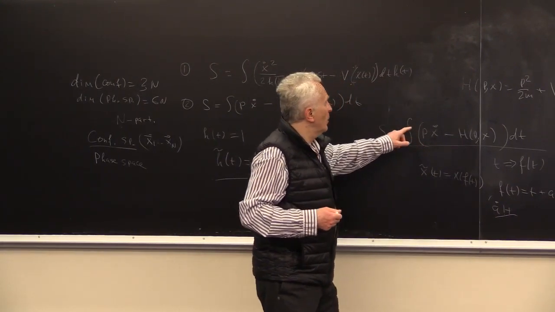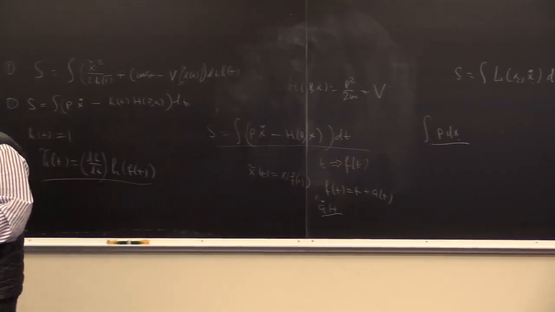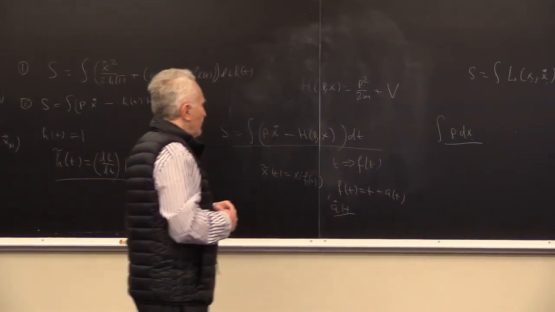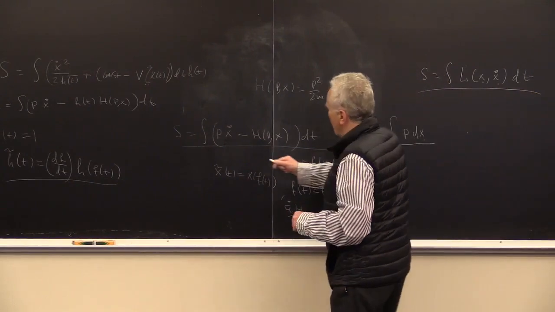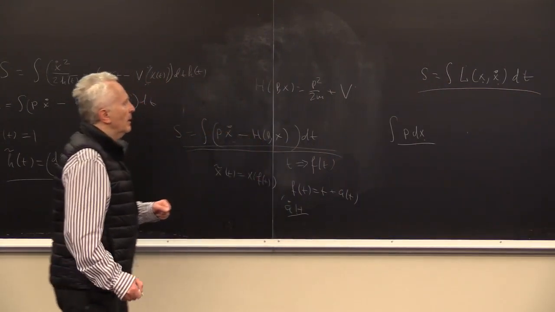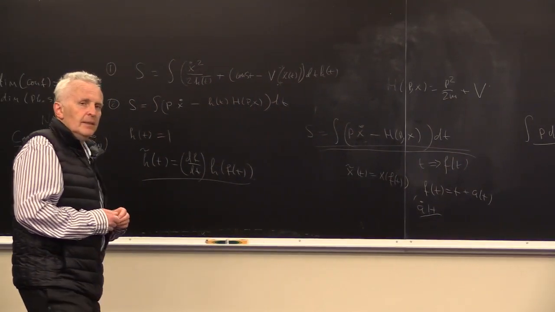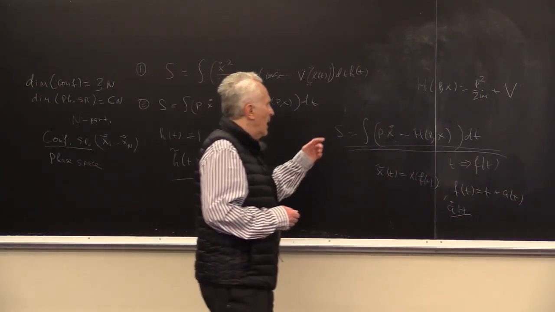So how do we go from here to there? What is the connection? Suppose I want it in this form, although this is usually more convenient and more fundamental. What should I do? Yes.